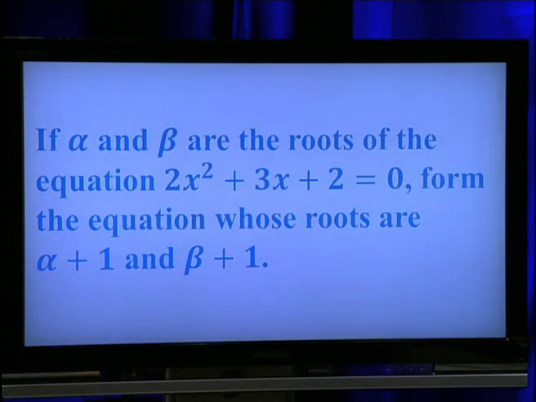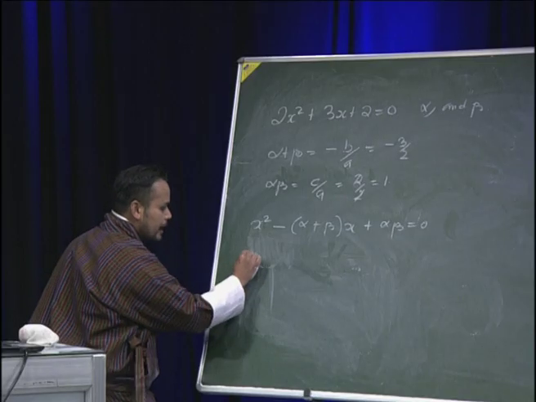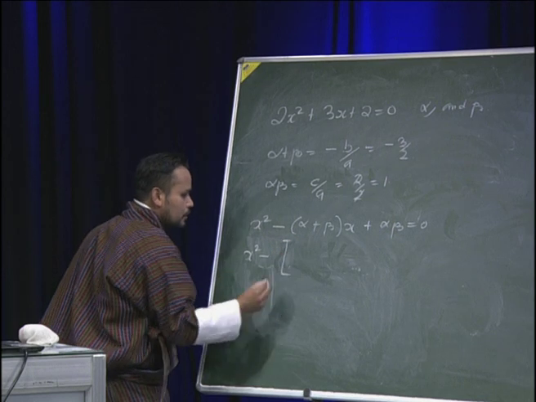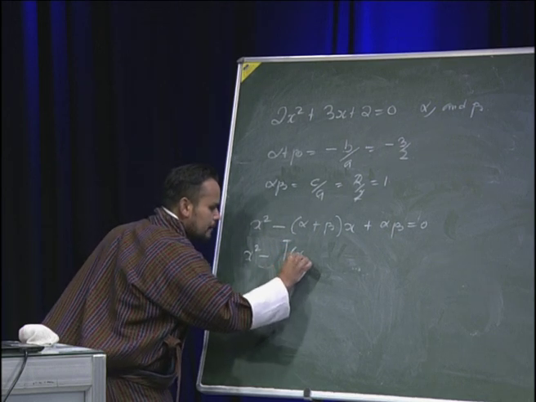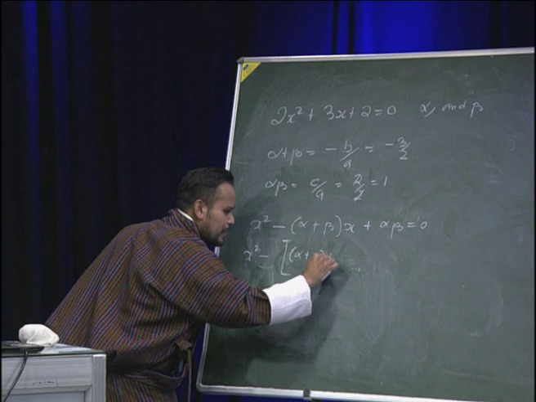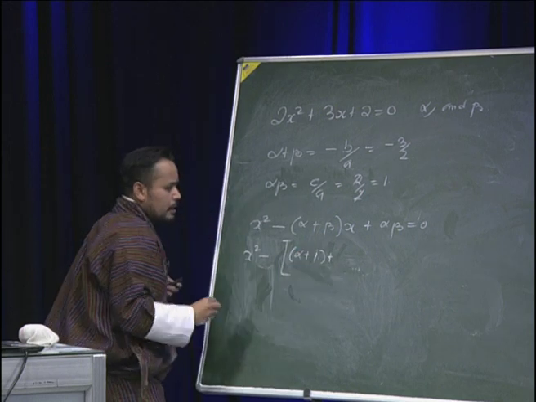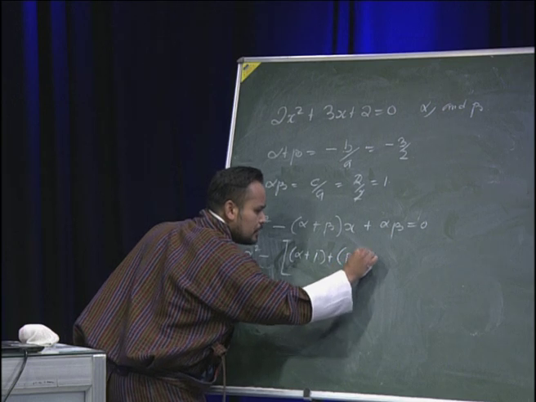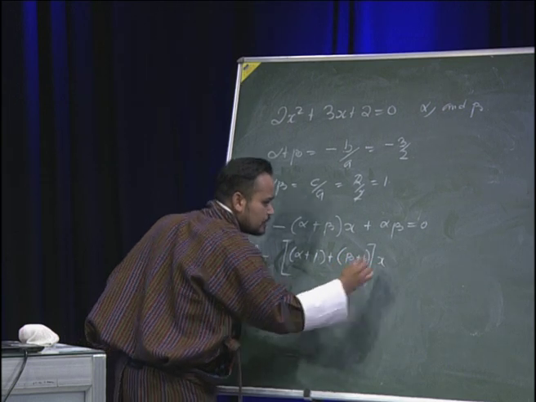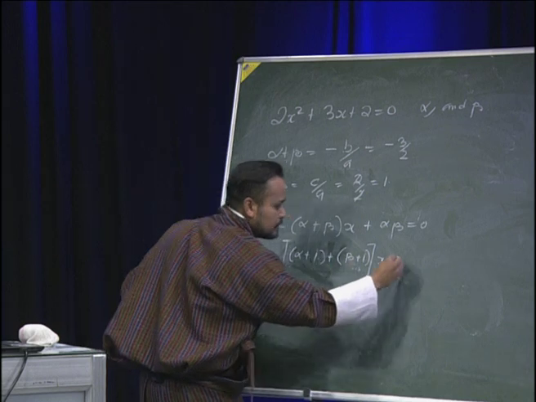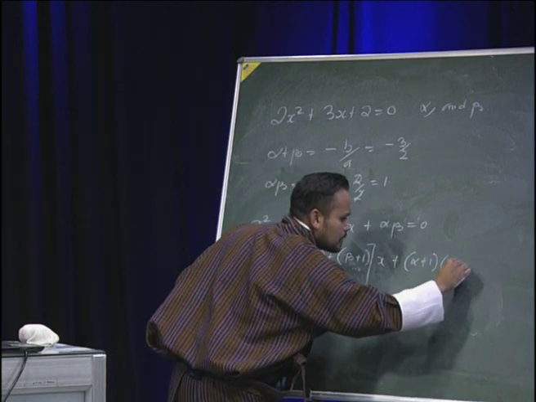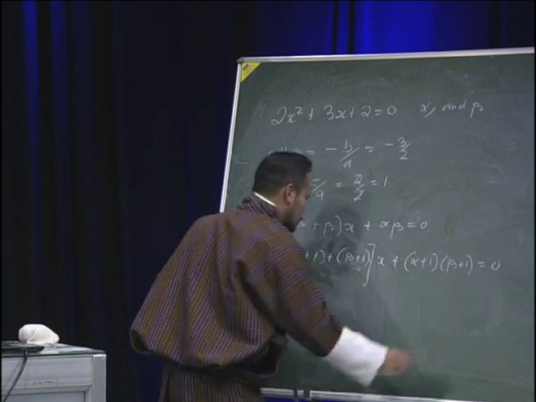When you substitute the values of alpha and beta here, x² minus, in place of alpha you are going to substitute alpha plus 1, in place of beta you are going to substitute beta plus 1, close the bracket, x plus (alpha plus 1) times (beta plus 1) is equal to 0.